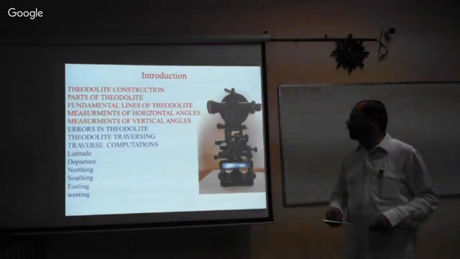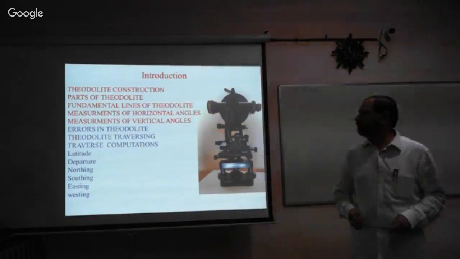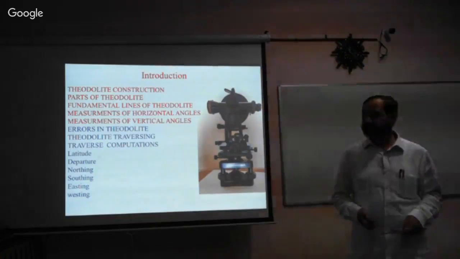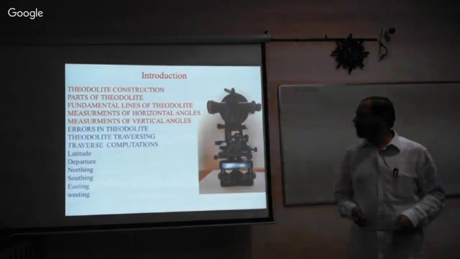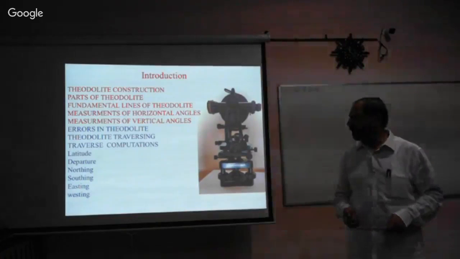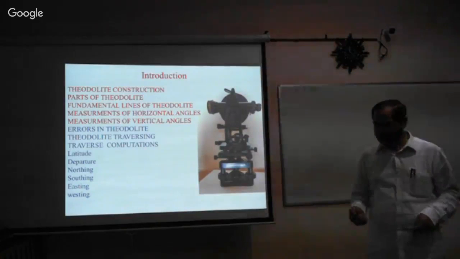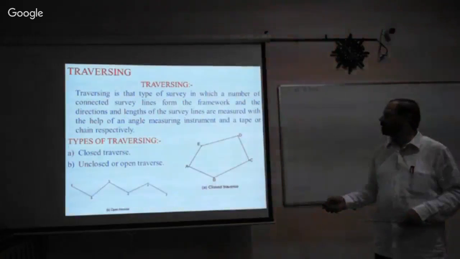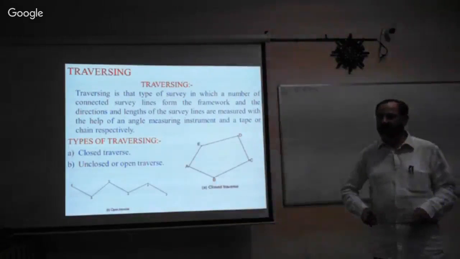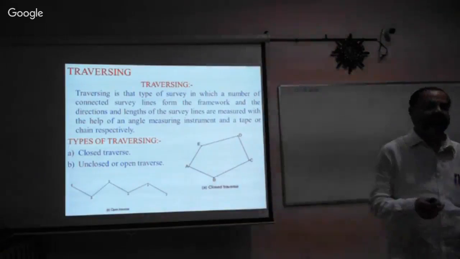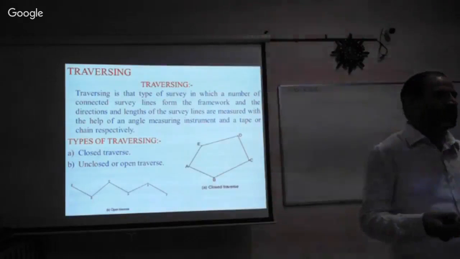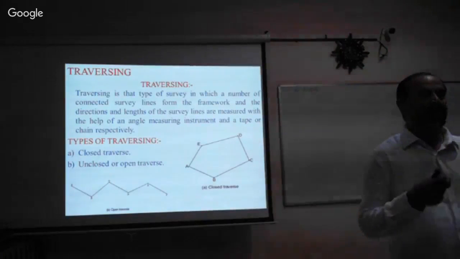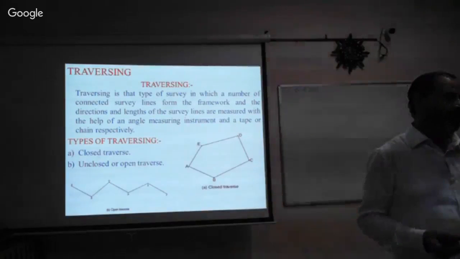We also discussed theodolite traversing, traverse computations, latitude, departure, northing, southing, everything. Now, in connection with the same, I will refresh you on a few slides from the previous classes, and then I will go ahead with solving a few problems.